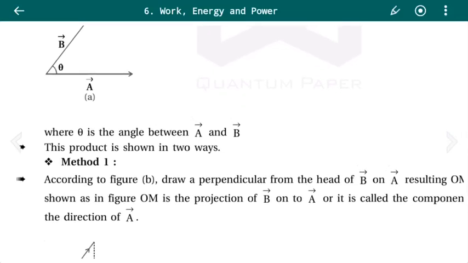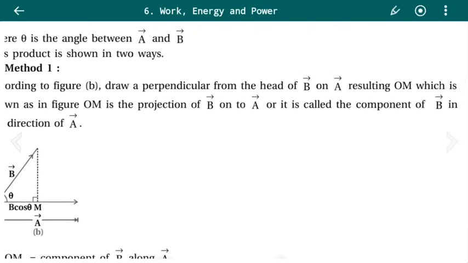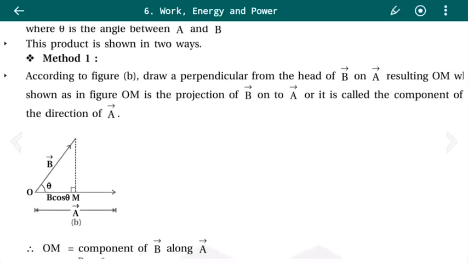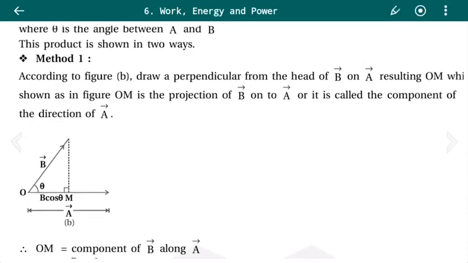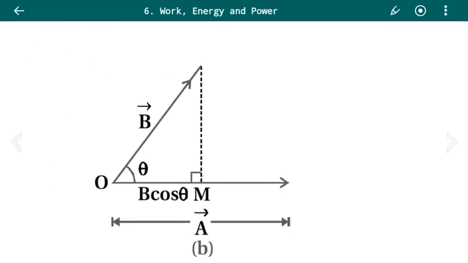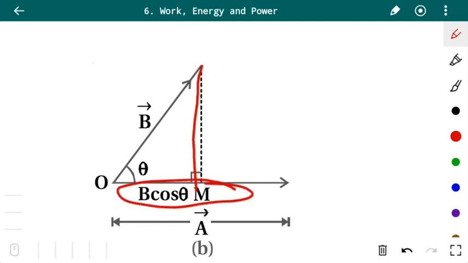This product is shown in two ways. According to figure B, draw a perpendicular from the head of B on A resulting in OM, which is shown in the figure. OM is the projection of B onto A, or it is called the component of B in the direction of A. So here, this is vector A, this is vector B. Taking the projection of vector B on vector A gives the component of vector B, let us name it OM.